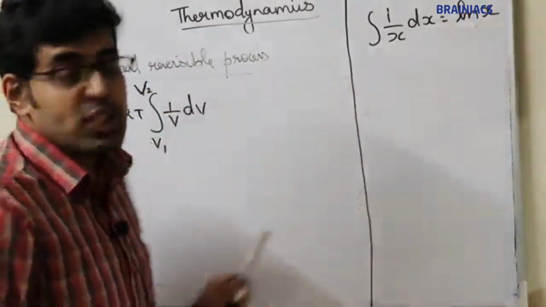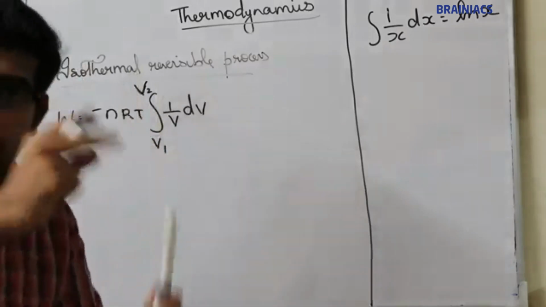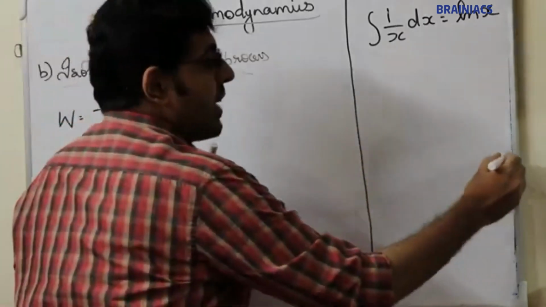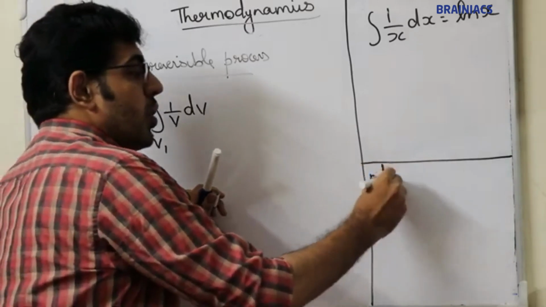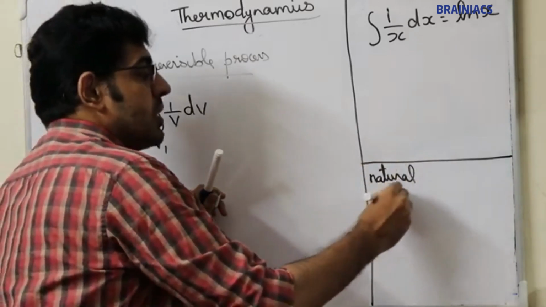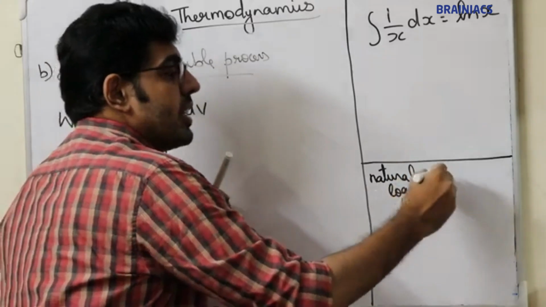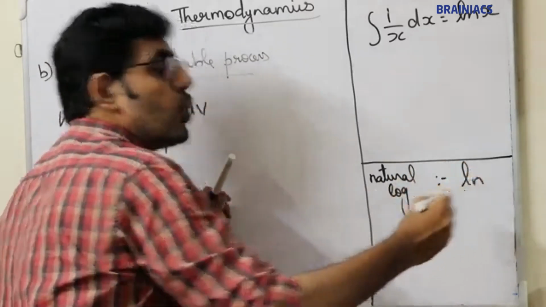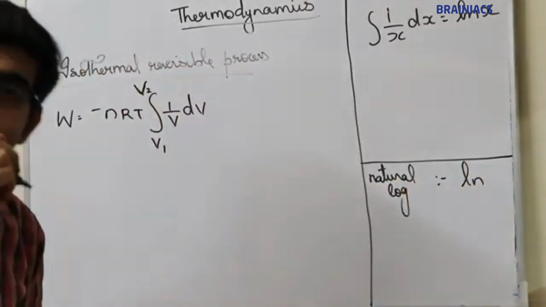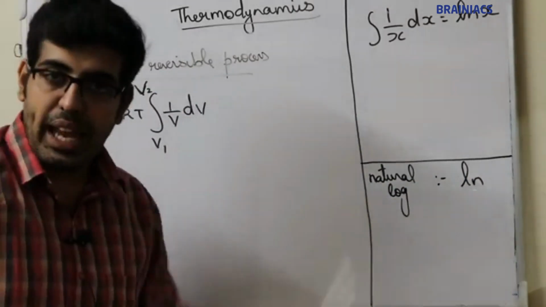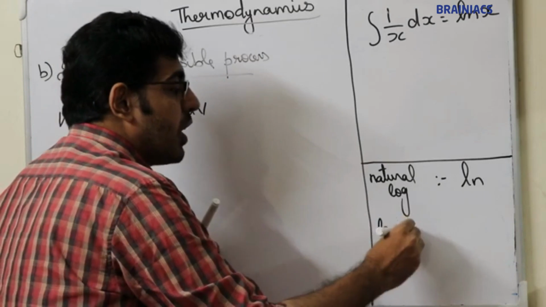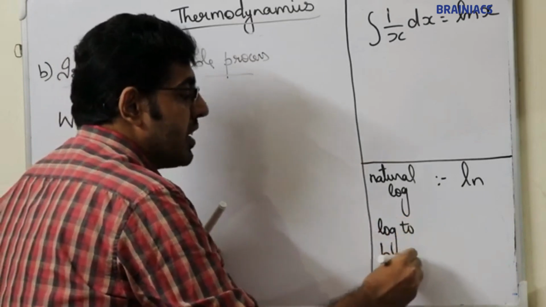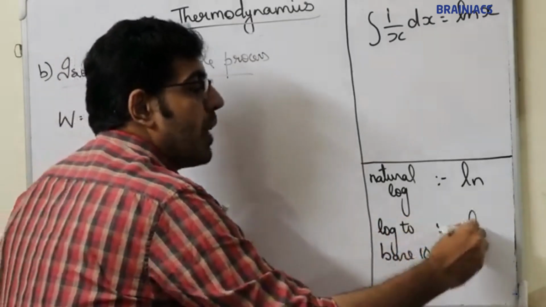ln means natural logarithm. Now there are two types of logarithm. One is natural logarithm, represented by ln, and the second one is log to base 10, represented by log.